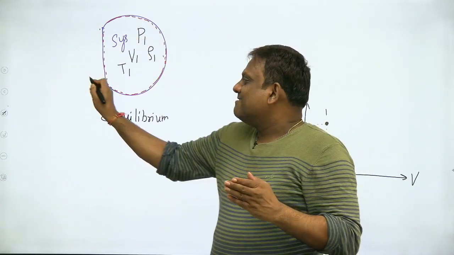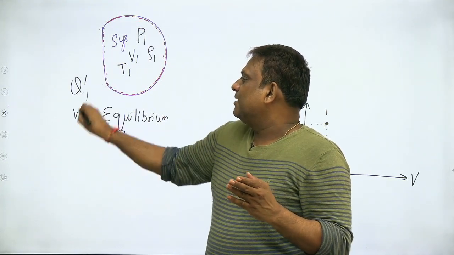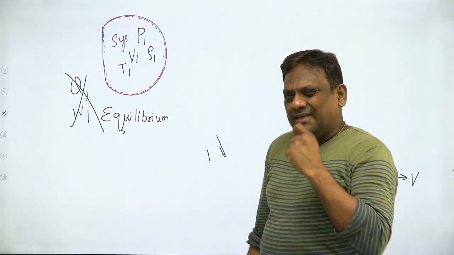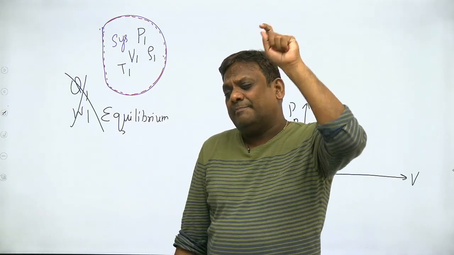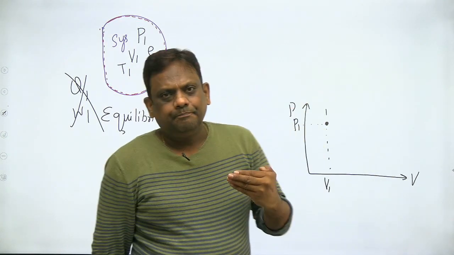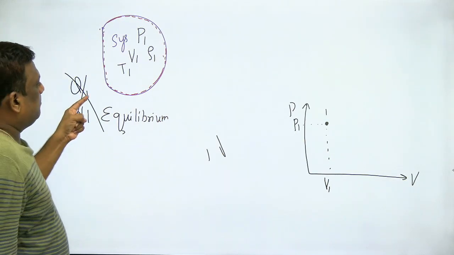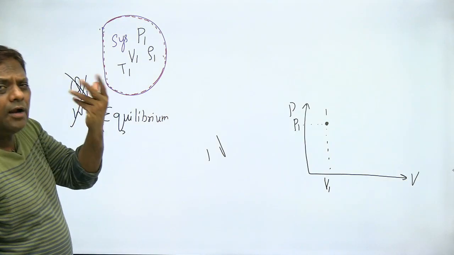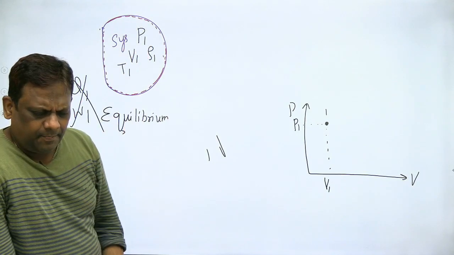If you use the words "the system has heat Q1, the system has work W1," people will laugh at you. There is nothing like the system has heat or work. It is absolutely wrong. Let us assume that I am supplying heat, or heat is removed, whatever it may be.